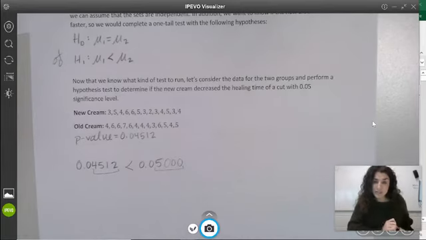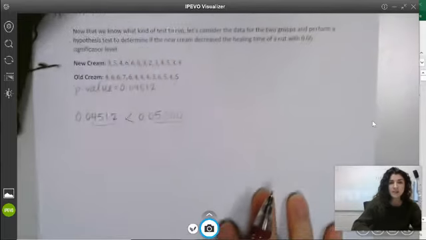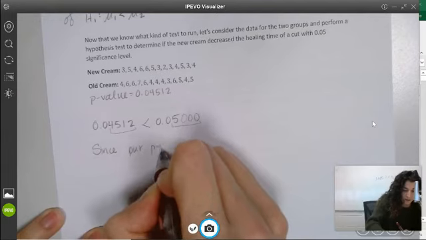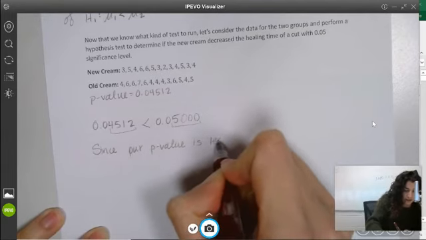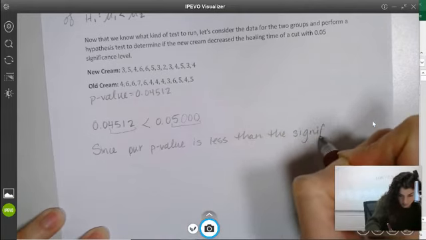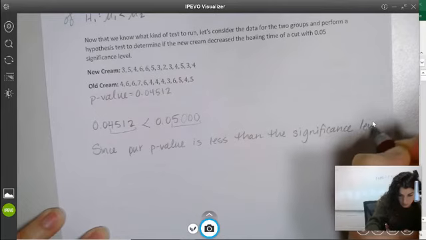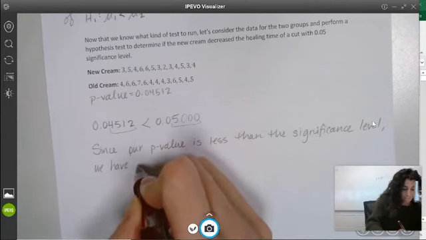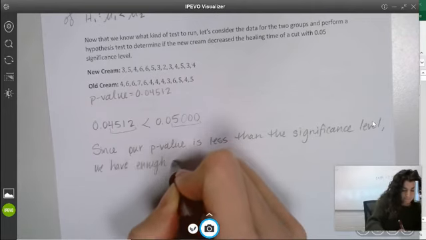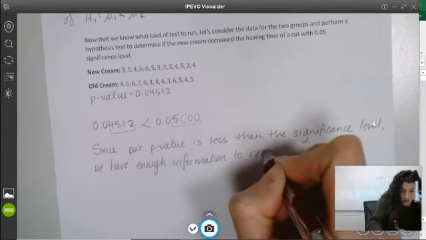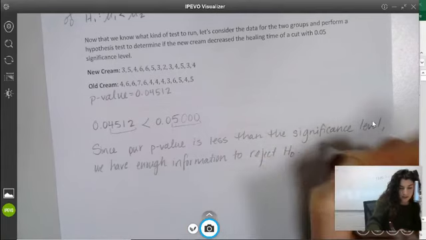Since we know that our p-value is less than our significance level, we have enough information to reject our null hypothesis. So we say that since our p-value is less than the significance level, we have enough information or data to reject the null hypothesis.